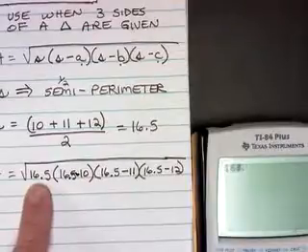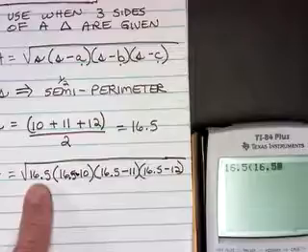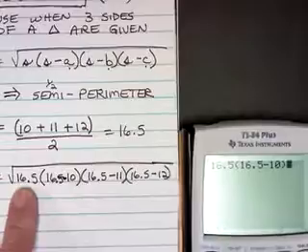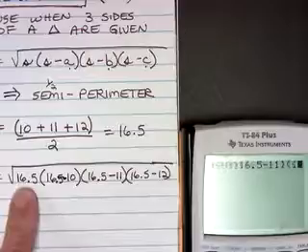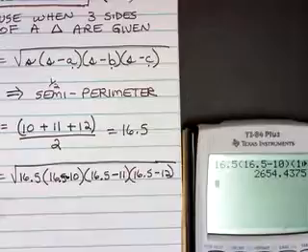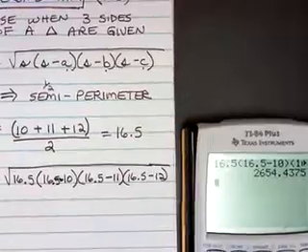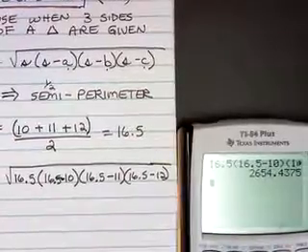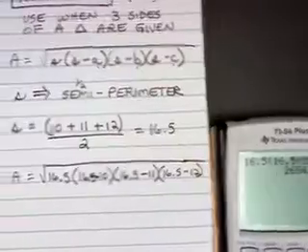So we have 16.5 times parentheses 16.5 minus 10, close parenthesis, times 16.5 minus 11, close parenthesis, times 16.5 minus 12. When you work that out, you get that huge number, 2654.4375. We still need to take the square root of that.